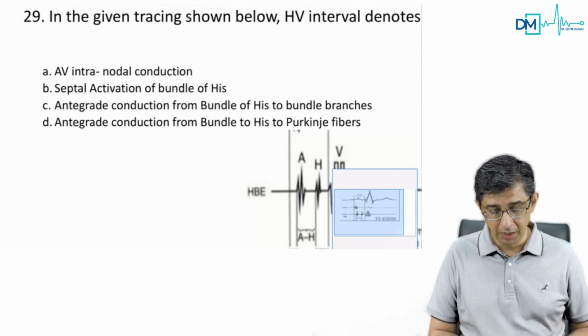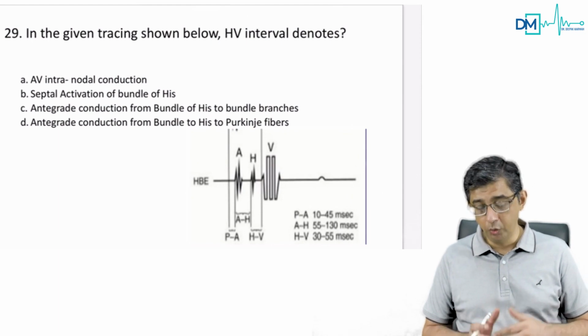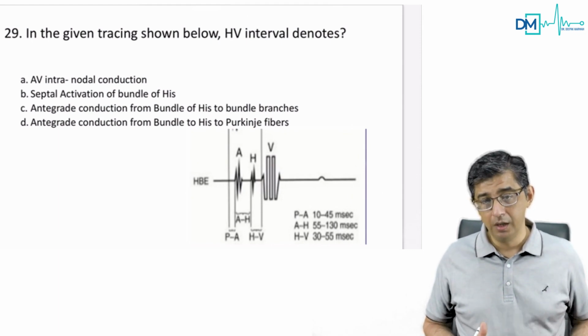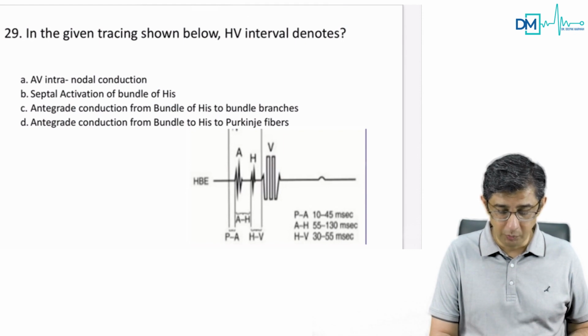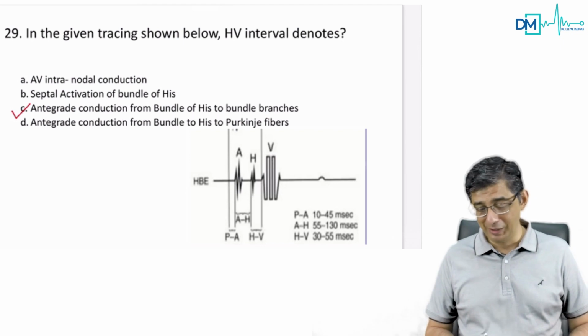That is the question. So in the given tracing, the HV interval basically denotes antegrade conduction from the bundle of His to the bundle branches.